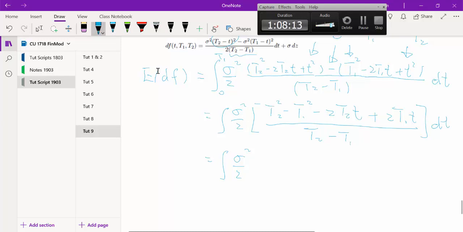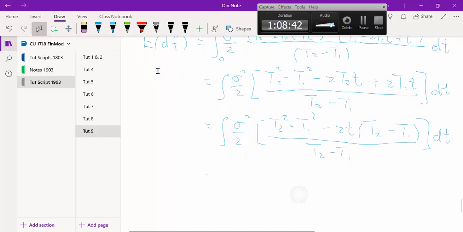So this is T2 squared minus T1 squared minus, I'm going to take the 2t out, 2t then is T2 minus T1, all divided by T2 minus T1 dt. And this is equal to sigma square.